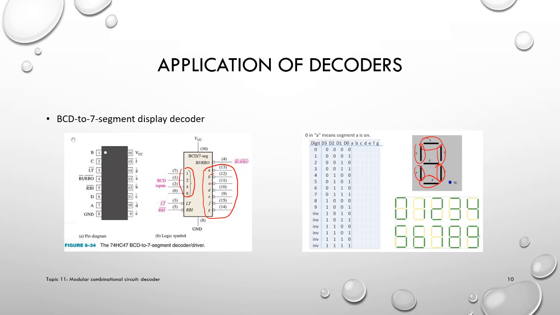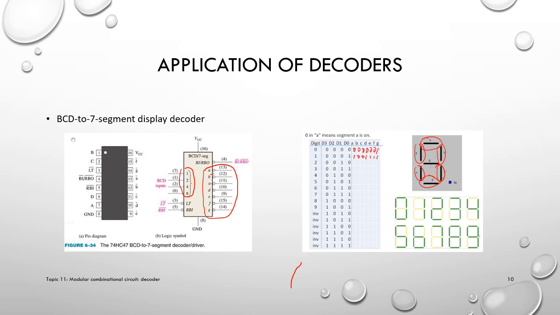And because all the LEDs are active low, we have 0, 0, 0, 0, 0, 0, 1 here. Okay, and for input 0, 0, 0, 1, we want to display 1, which means only B and C are on. So we get 1, 0, 0, 1, 1, 1, 1 here.